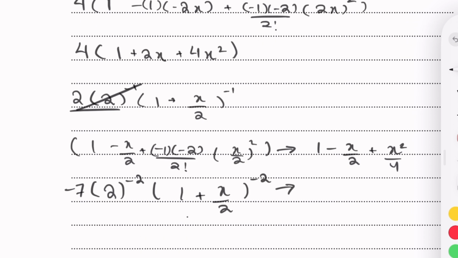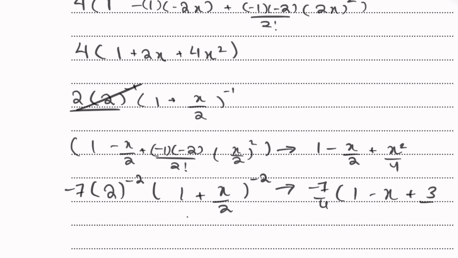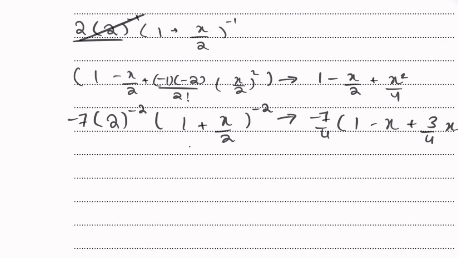Expanding this, you will get negative 7 divided by 4 times 1, and then negative 2 times 1 over 2, so it's going to be minus x, and then negative 2 times negative 3 divided by 2 factorial times 1 over 2 squared. And you're going to get 3 over 4 x squared. Now expanding this, you get negative 7 over 4 plus 7 over 4 x, and then negative 7 over 4 times 3 over 4 is negative 21 over 16 x squared.